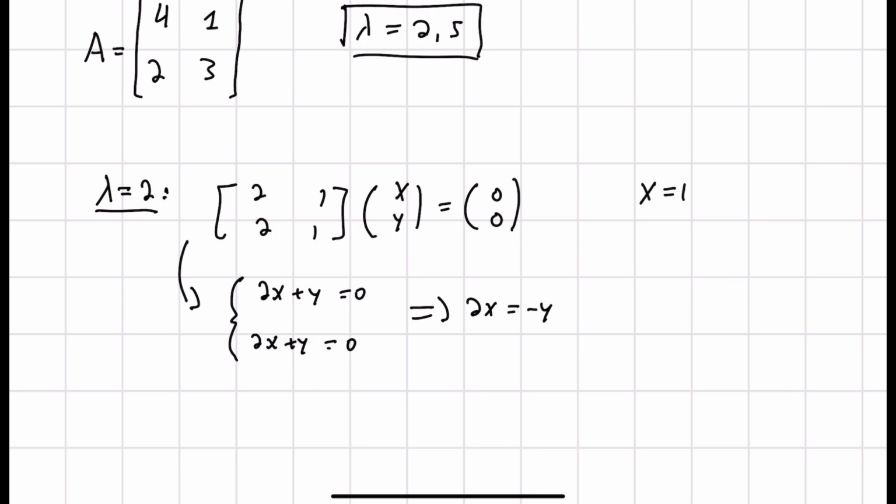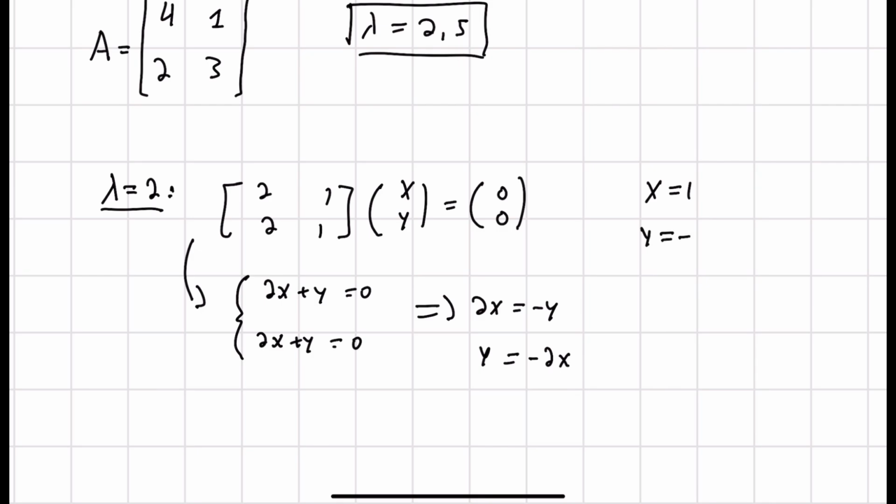And now we can isolate for y. So this means we have y equals negative 2x. So when x is equal to 1, y is equal to negative 2. So our first eigenvector, let's just write it like this. The first eigenvector is equal to 1 and negative 2 when our first eigenvalue is equal to 2.